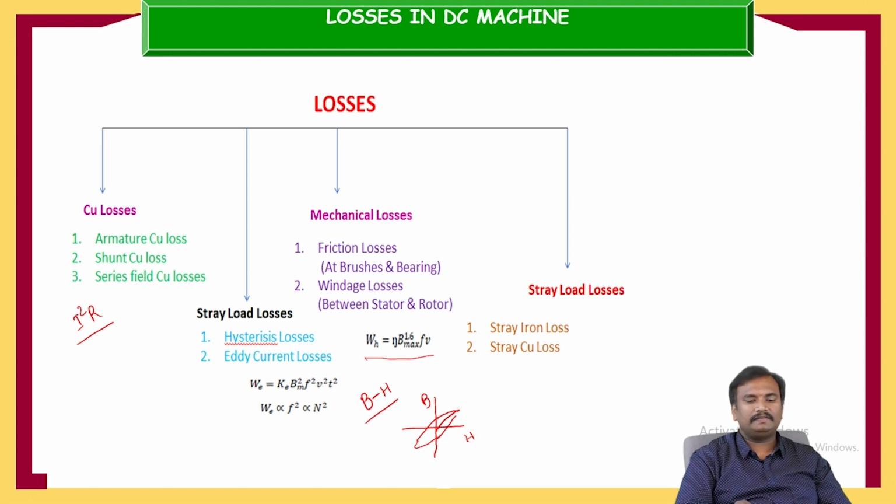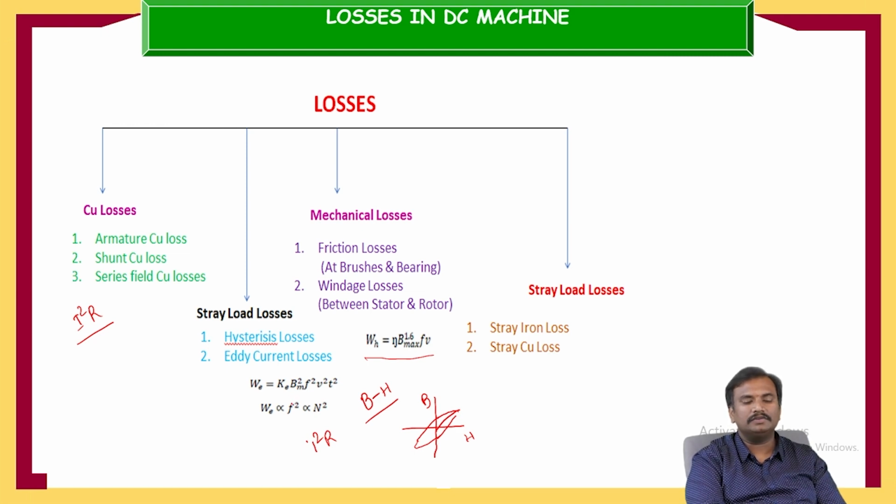And the next one is the eddy current loss. Here, because of the leakage of the magnetic flux density, or leakage of the eddy currents, we get this loss. This loss is also simply an I square R loss. The copper loss in the magnetic core is called eddy current loss.